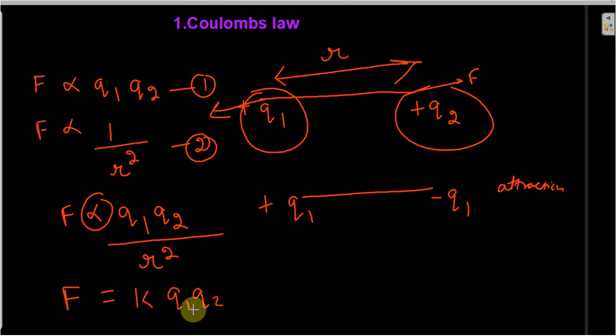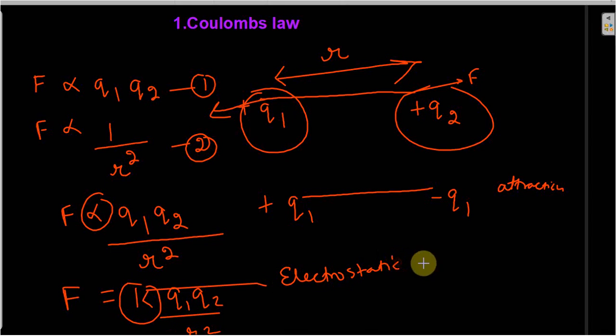This K is the electrostatic force constant, and the value of K, the electrostatic force constant, is 1 by 4 pi epsilon naught.